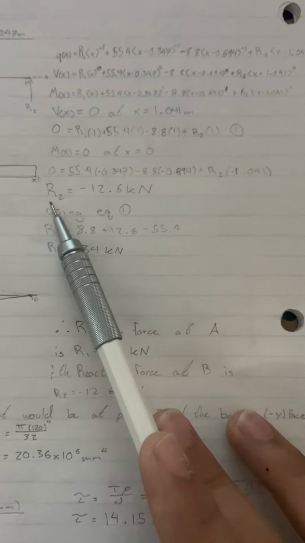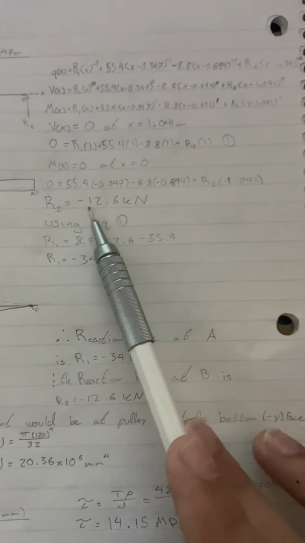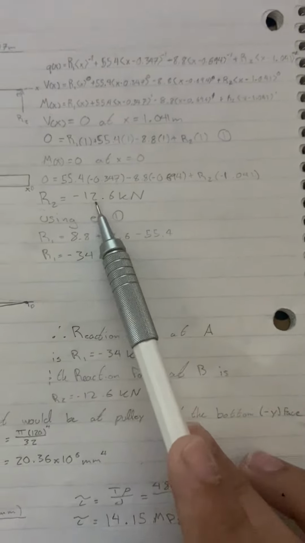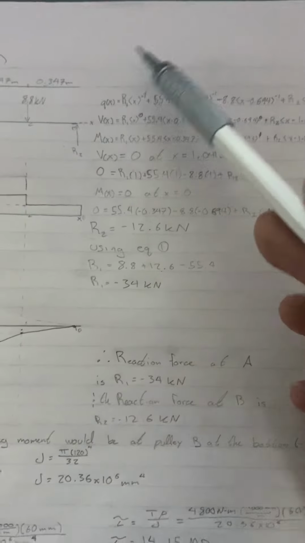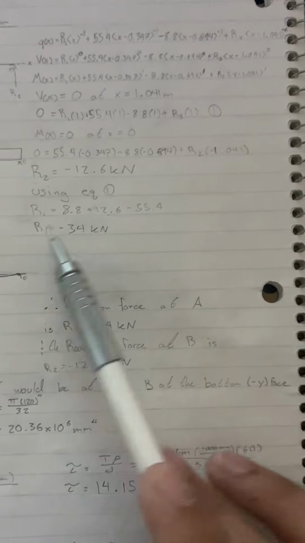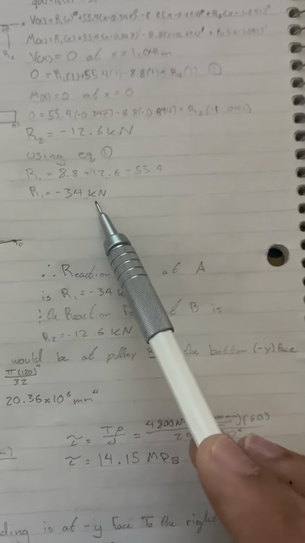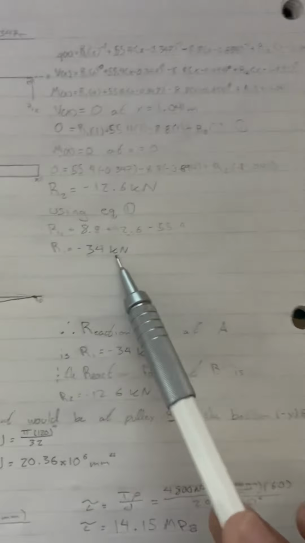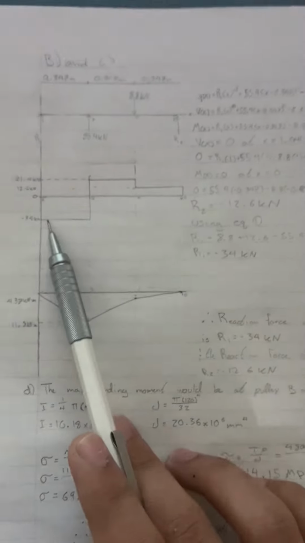There I get that my second reaction force is negative 12.6 kilonewtons. So my initial assumption was wrong and it's actually aiming down. Then plugging all that into equation 1, I got that R1 is equal to negative 34 kilonewtons. Same thing, my initial assumption was wrong and the force is aiming down.